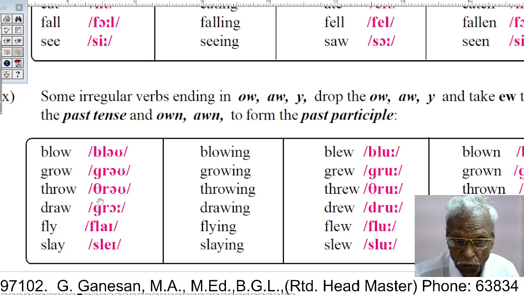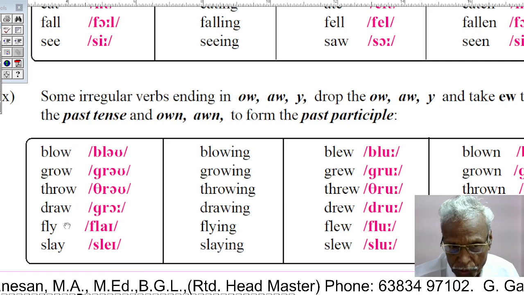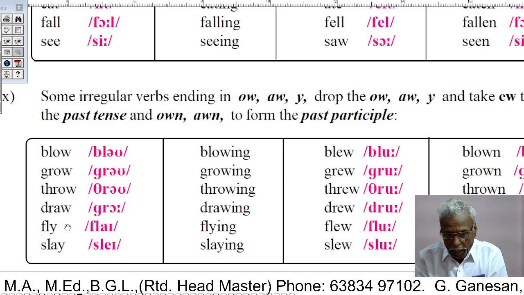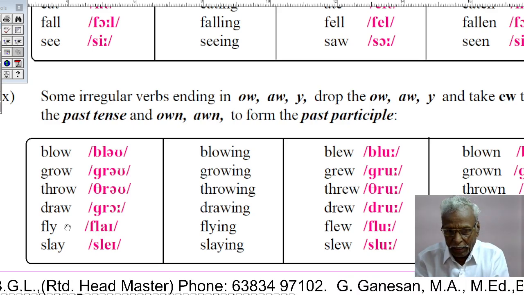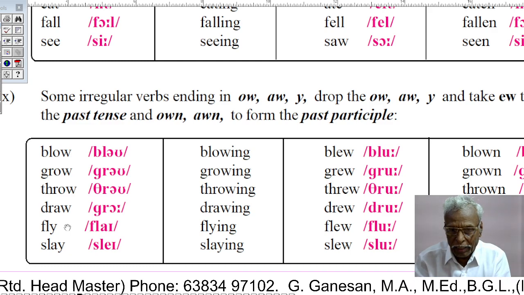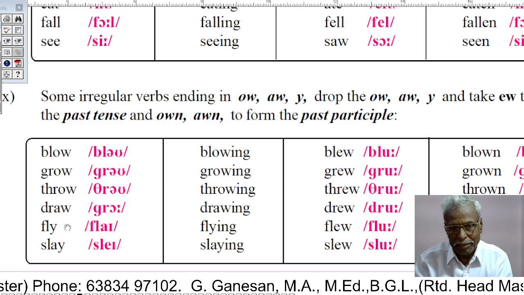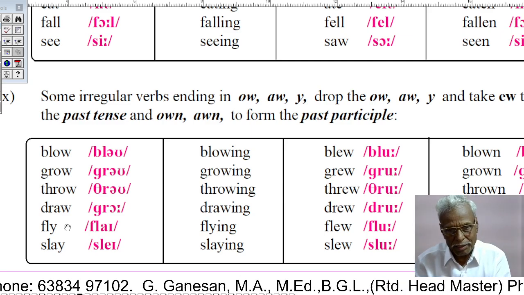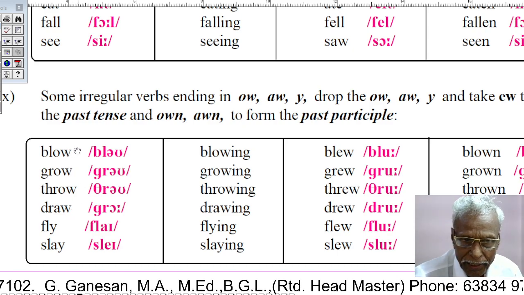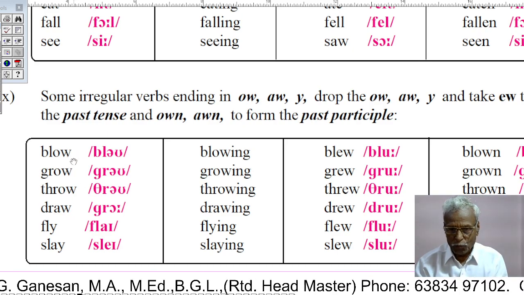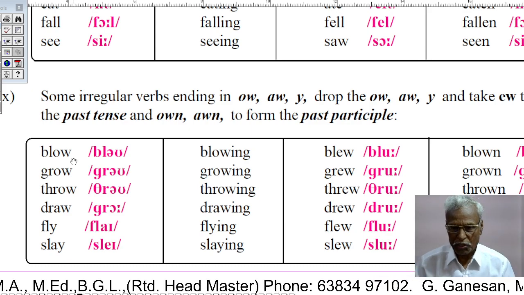Then for these verbs, add simply N. These four verbs add N to the present form to form the past participle.